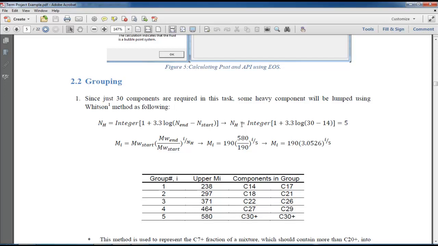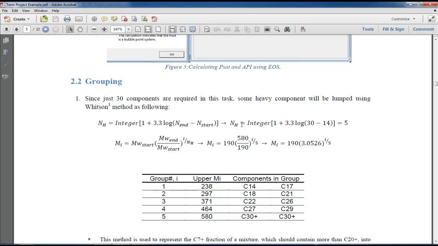In my case, I did this from C14 to C30 plus. I entered the carbon numbers 14 to 30 here, and then I got 5. It means I need to group the components from C14 to C30 plus into 5 groups. How can I find from where to where using this equation?